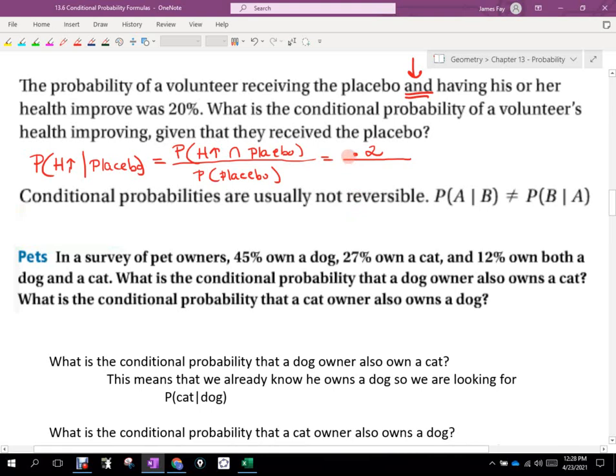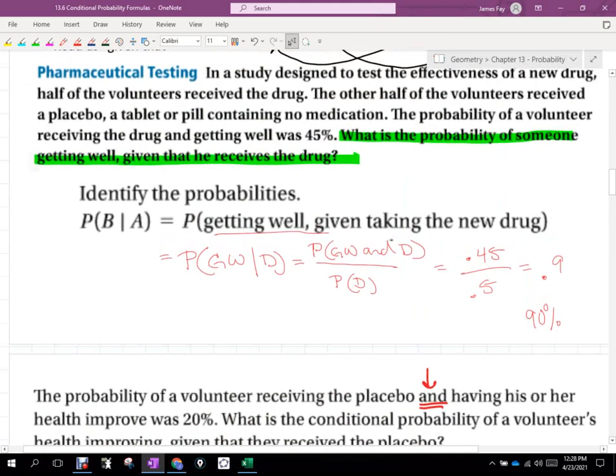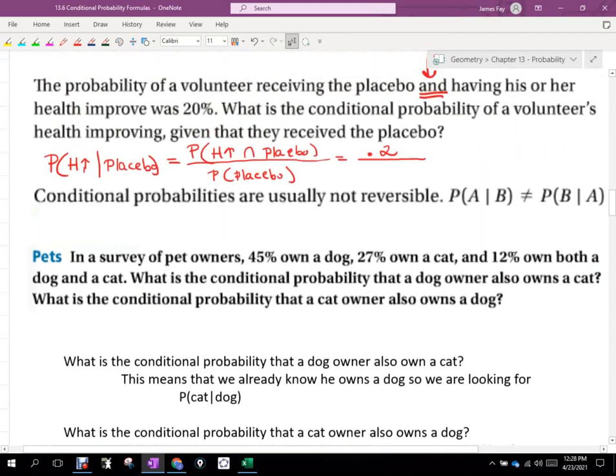Now, they don't give me the probability of placebo in this, but this is a continuation of the previous problem. And what percentage of volunteers received the placebo in the previous problem? Sorry, it was 50%, wasn't it? I think it was 50, because it said half. So half received that, so 0.5.